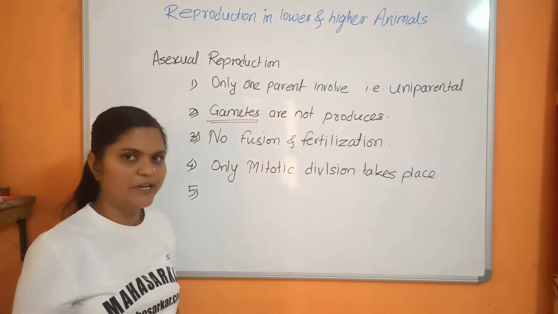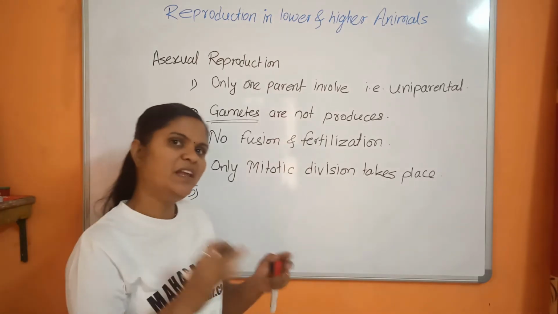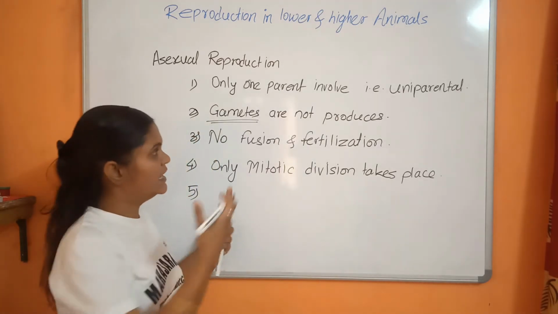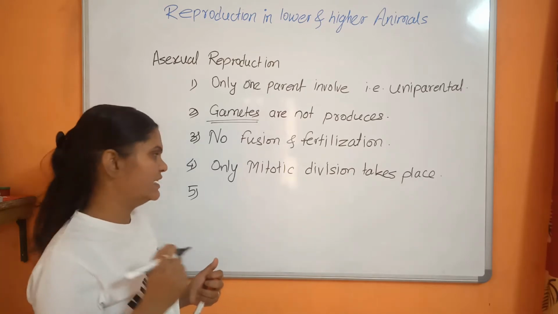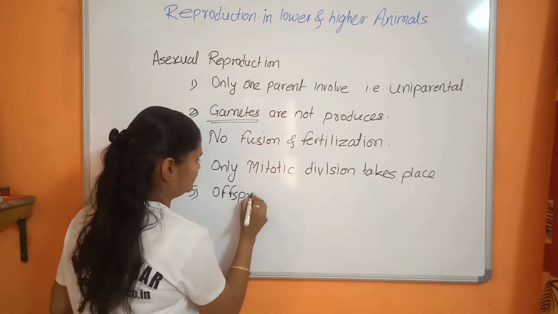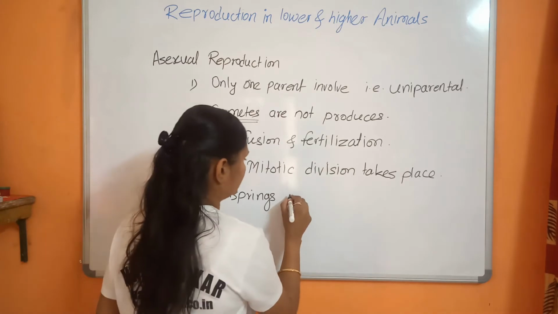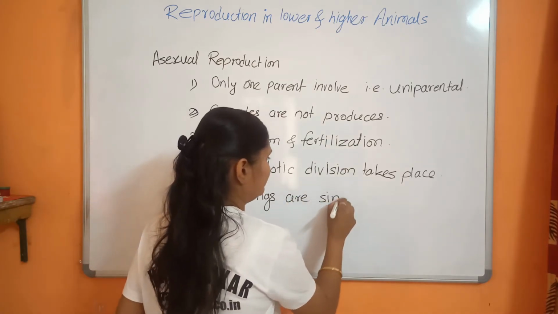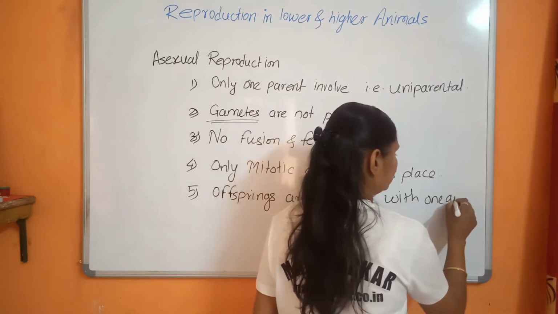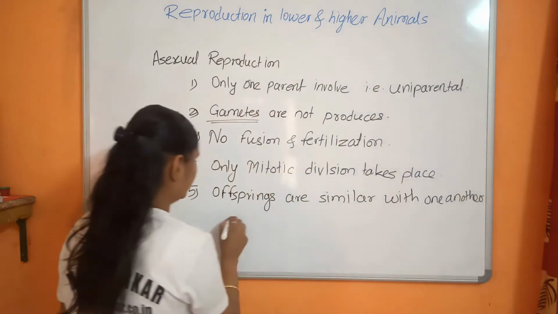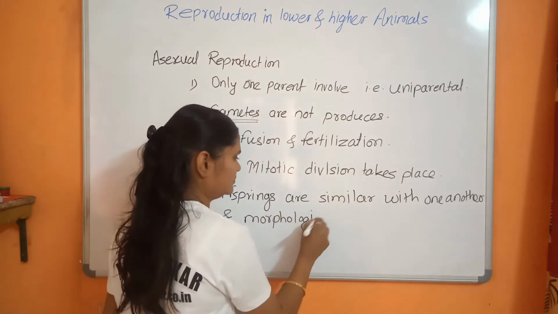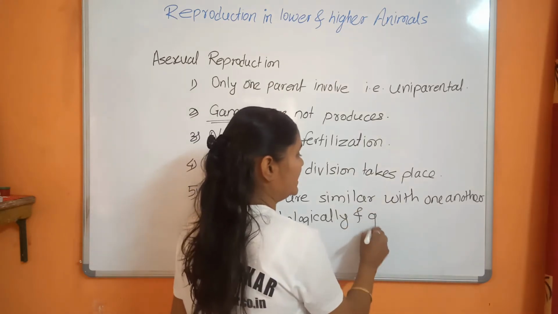Whatever offsprings are produced after this process are similar with one another, and they are completely similar with their one parent, morphologically and genetically. Why?